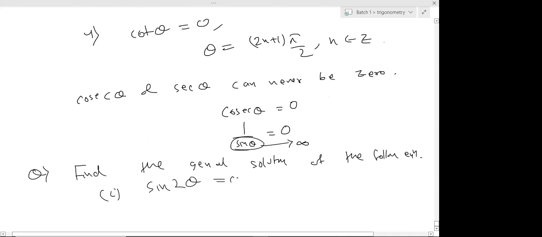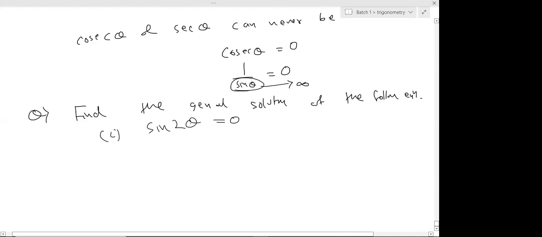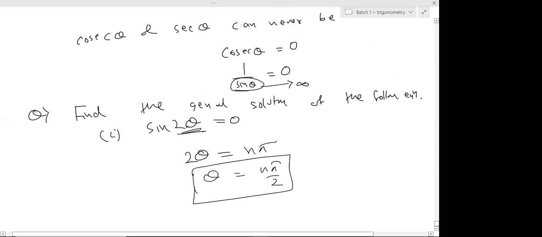Sine 2 theta is equal to 0. All right. So we know that if sine theta is 0, then theta becomes n pi. So here this 2 theta will be equal to n pi. So theta will be equal to n pi by 2, where n belongs to integers.